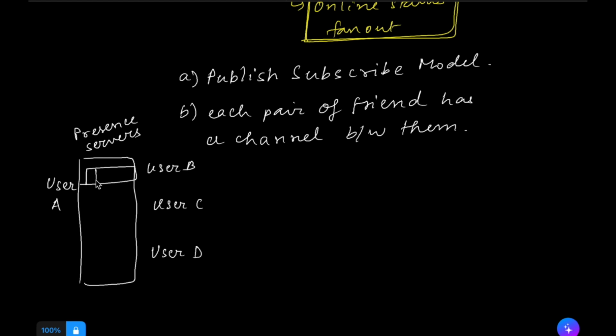There is a channel between user A and user B, user A and user C. For every friend pair there is a channel where the status of the user is published, and user B subscribes to this channel and gets the status. They act as the subscribers.